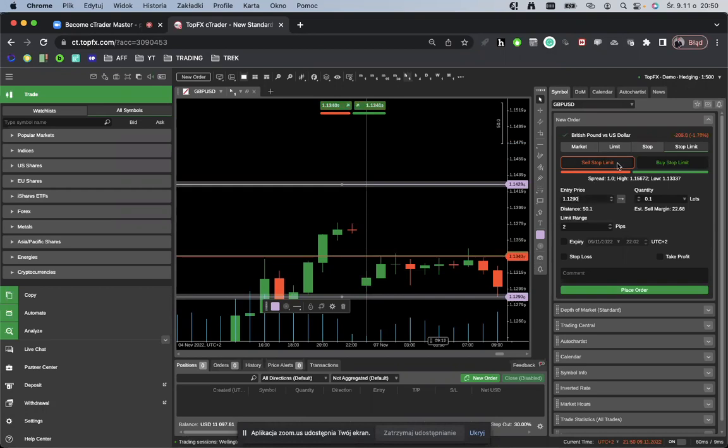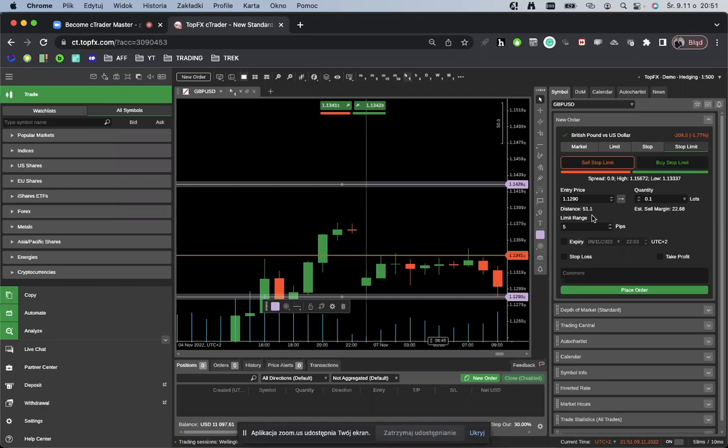So you want to sell one mini lot of the British pound to American dollar at the entry price of 1.1290 with a limit range of, let's say, 5 pips. So you will be filled at 1.1290, 1.1291, 1.1292, 1.1293, 1.1294, and 1.1295. You won't be filled at 1.1296.